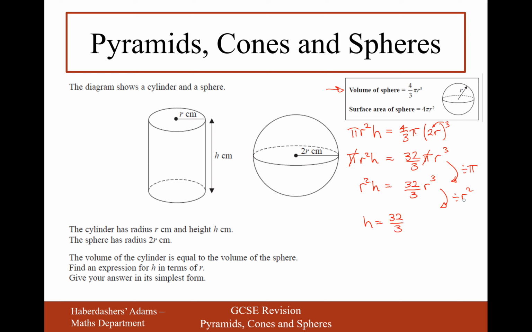Now r cubed divided by r squared, subtract the powers and you've just got r left over. Or effectively you're doing r times r times r divided by r times r, so when you cancel out your r's, you're left with just one single r. So there we are, that's the answer for this question. h equals 32 over 3 r.